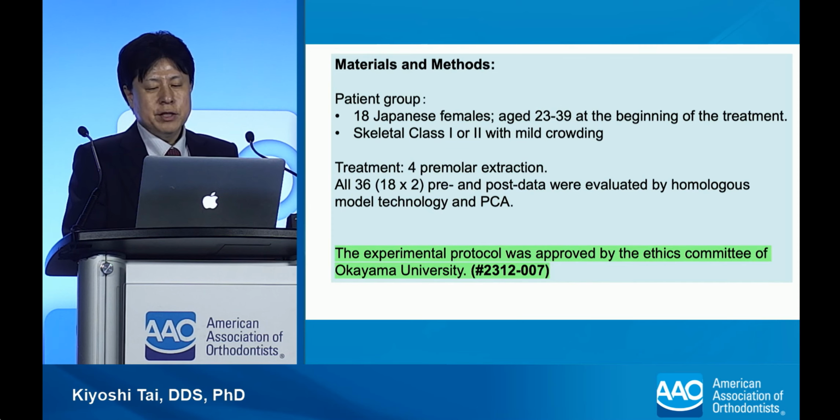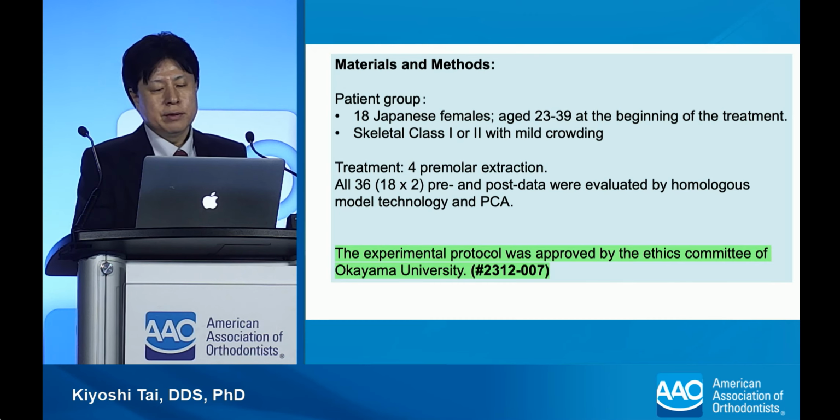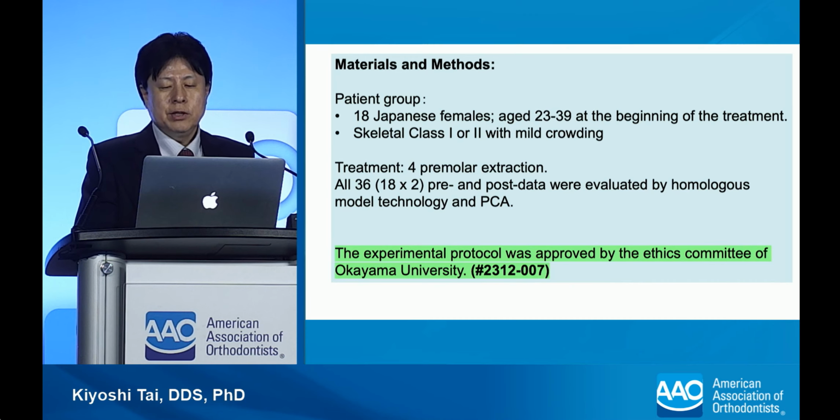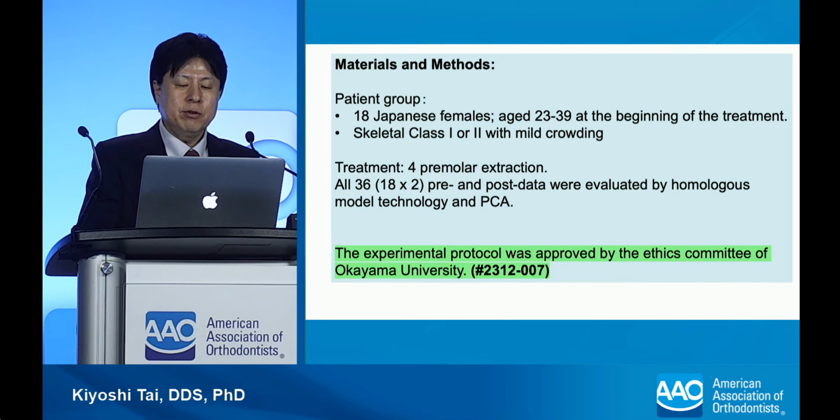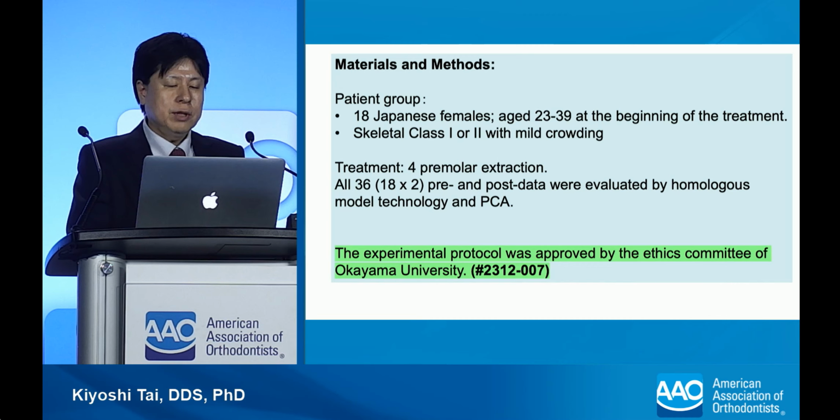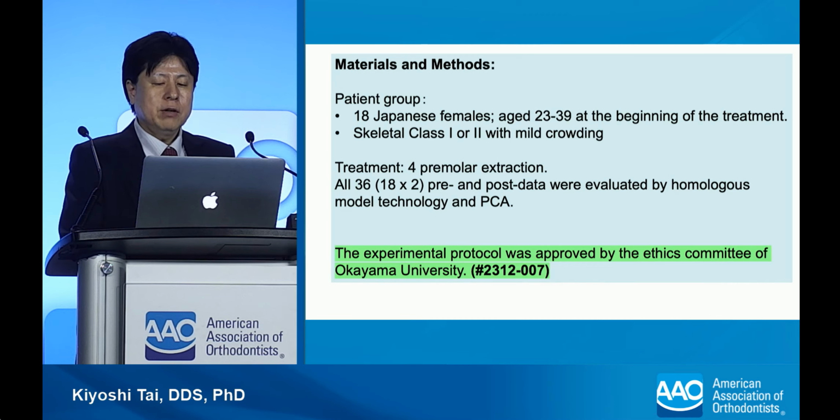This slide briefly explains the materials and methods of this study. We studied 18 Japanese adult females. The age range was 23 to 39. We treated them with 4 premolar extractions. In total, 36 DICOM data were used. This was approved by the Ethics Committee of Okayama University.